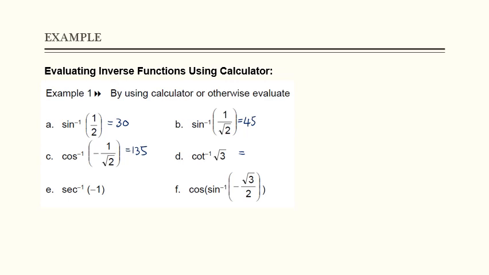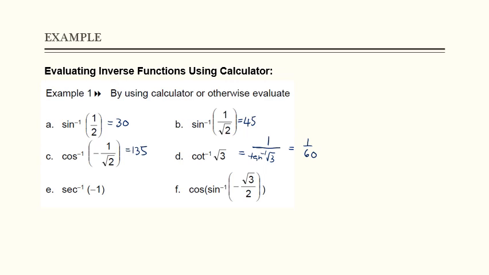So it is 1 over tangent inverse square root 3. Just enter it in the calculator. 1 over tangent inverse square root 3 is equal to, I get 1/60.